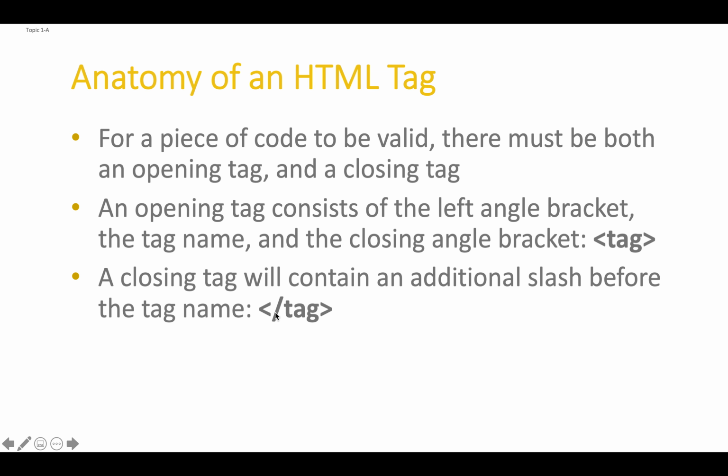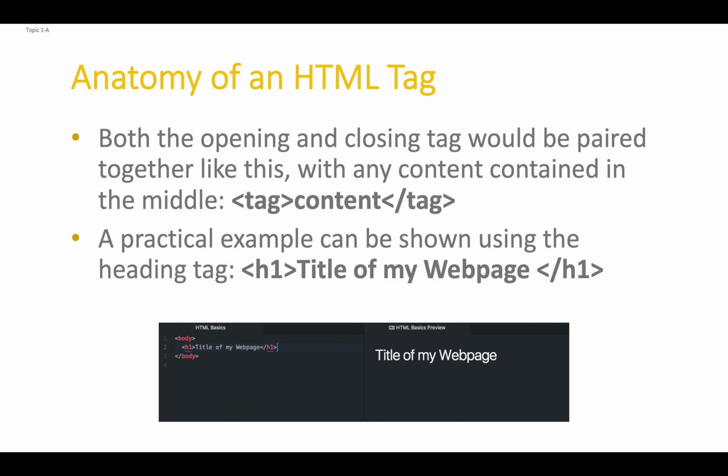So you put the slash and then the name of it. Both the opening and closing tag would be paired together like this with any content contained in the middle. So whatever the tag name is goes here with the opening tag, and then you put what's inside of it, and then you put the closing tag.